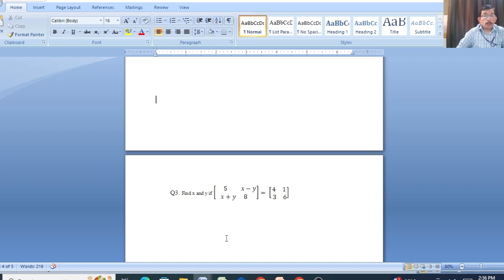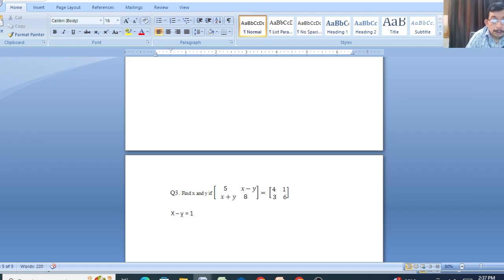First, we see the first row, second column element, x minus y, which is equal to the corresponding element in the next matrix, 1. So x minus y equals 1.